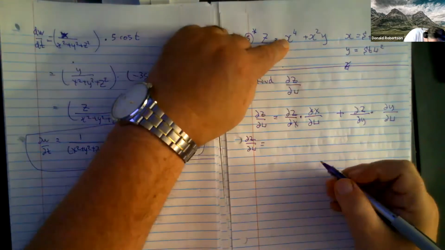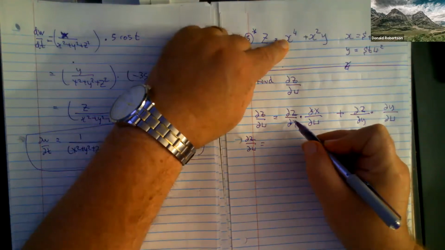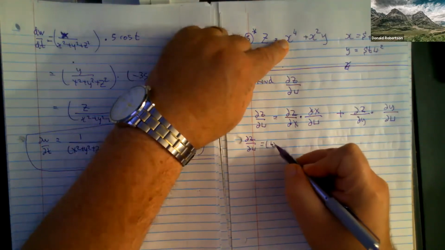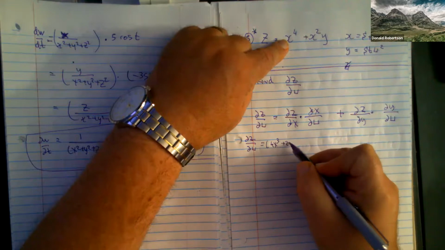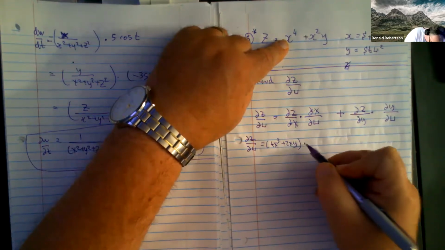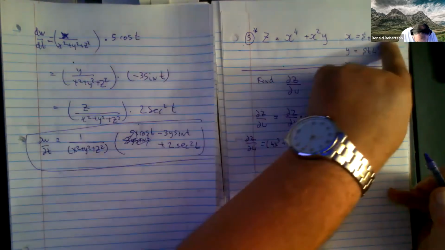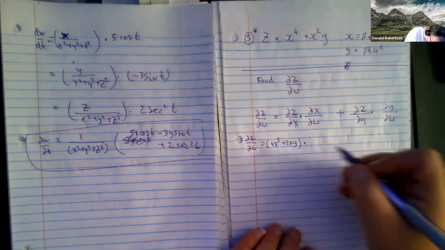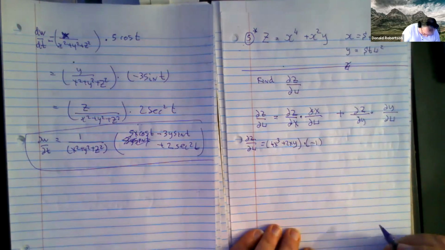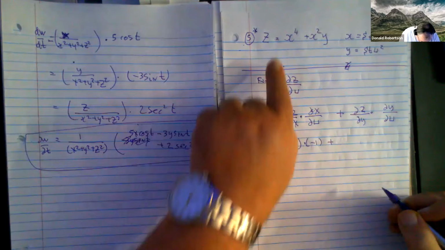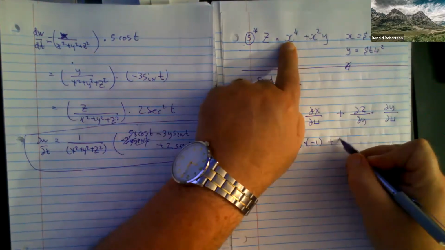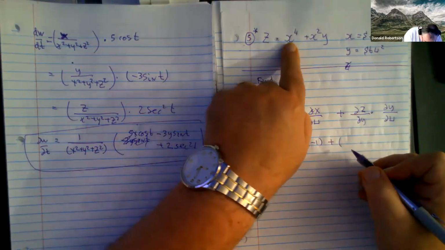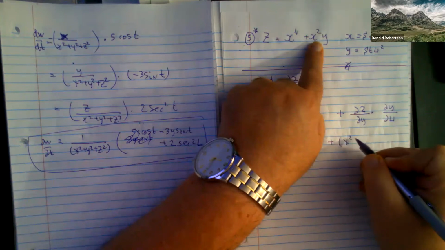If you differentiate this guy with respect to x, you're going to get 4x cubed plus 2xy times the derivative of this guy with respect to u, which is actually just the number -1. If you then differentiate this guy with respect to y, that guy is nothing, and this guy is x squared.